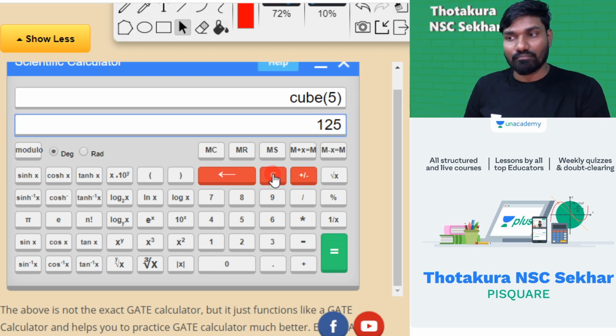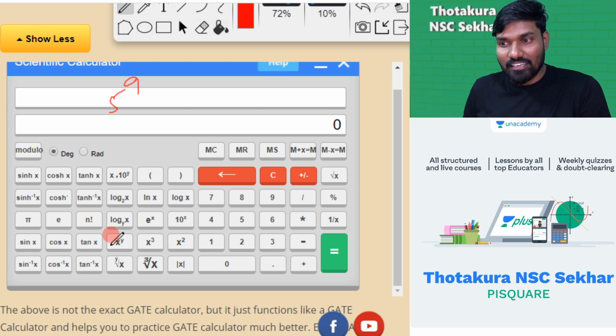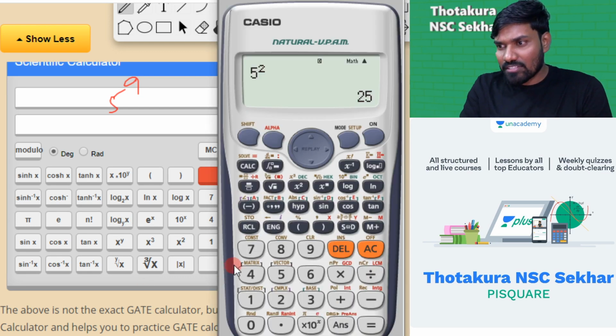That's it. Now suppose I want to find 5 power 9. Look at this, x and y. We have two things here, x as well as y. In our regular calculator we don't have y here normally.